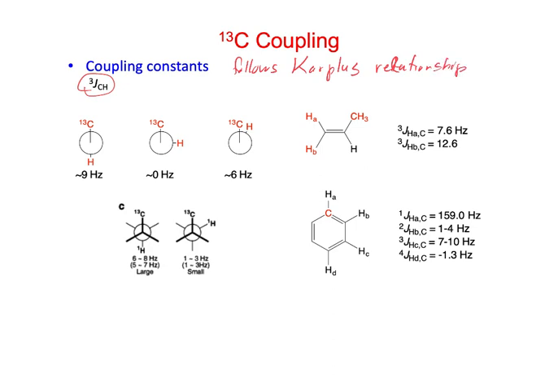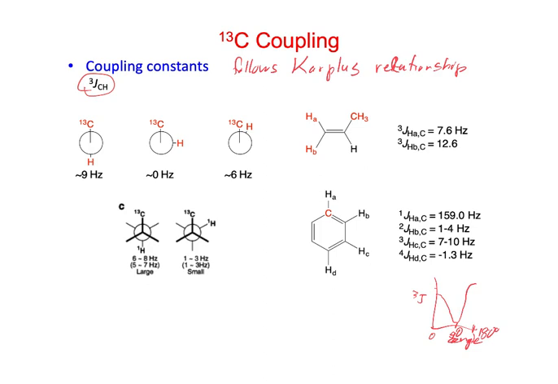And remember, we had this graph that was like this, and this was coupling constant, and this was a dihedral angle. This is the angle. And at 0, it was like this, and then it went down, and then it came back up like this. So this was at 90, and this was 180.